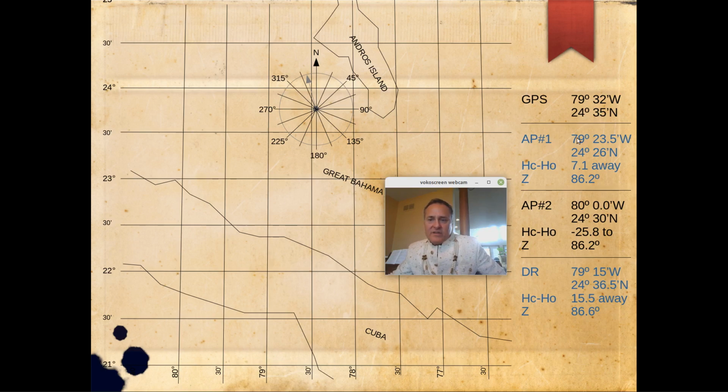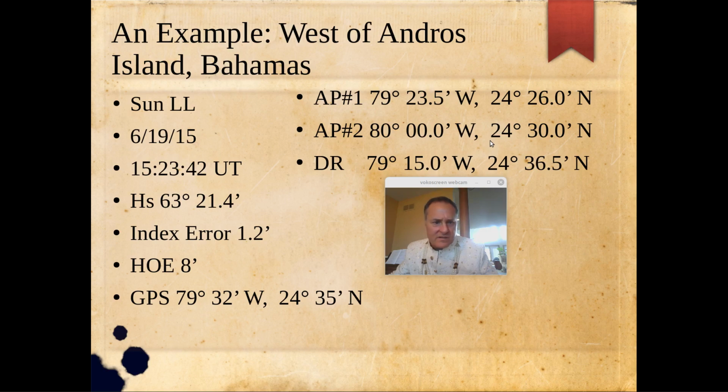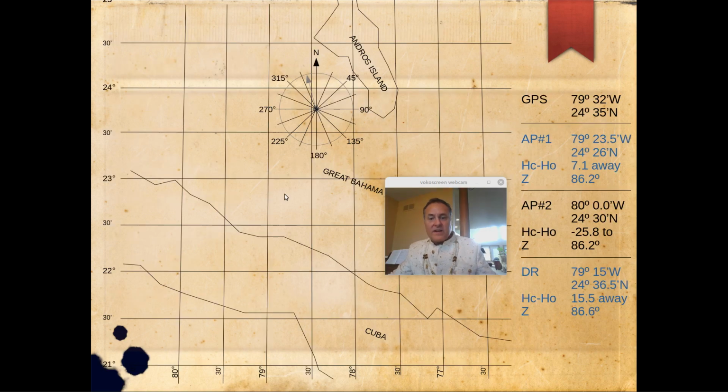The assumed position was 79 23.5, 24.6 north. And we've calculated 7.1 nautical miles away on a zenith of 86.2 degrees.